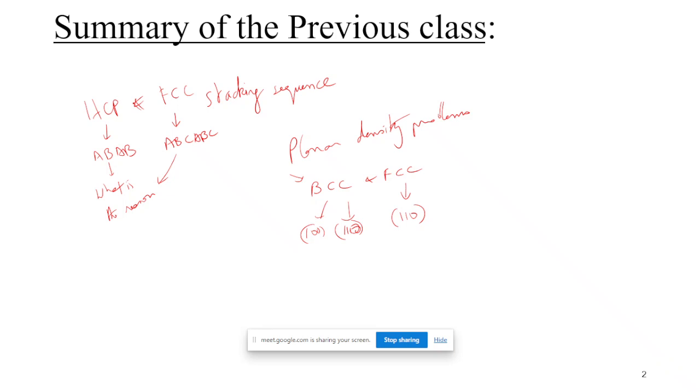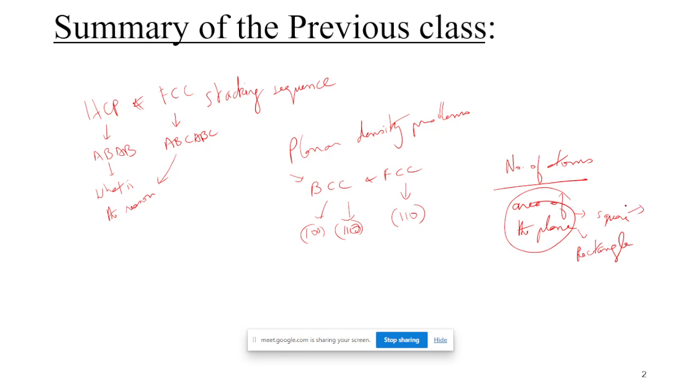Does anybody know the formula for planar density problems? Number of atoms by area. Yes, that is the number of atoms divided by the area of the plane. This is the general formula, and the area of the plane will vary if it's a square or a rectangle.